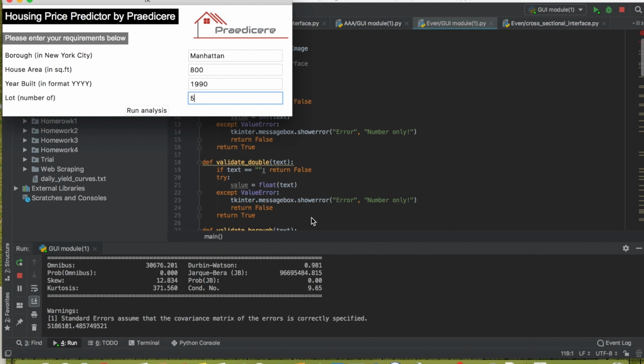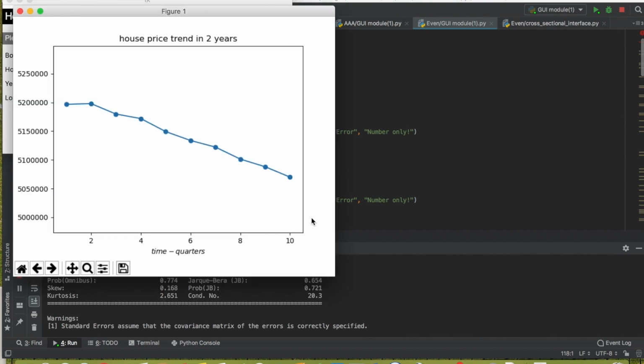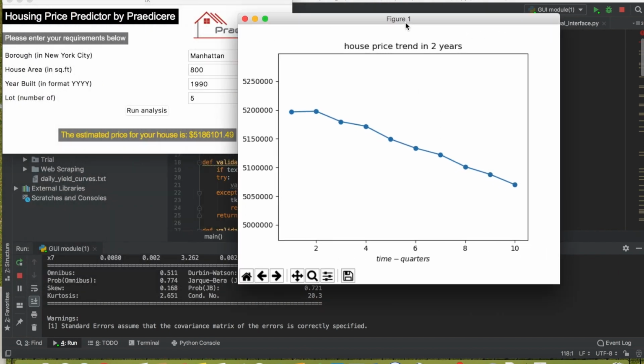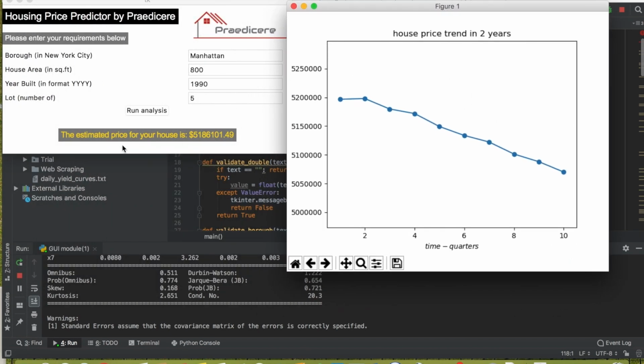In the use of our product, the clients can get a specific prediction of the house based on the features they input. So here we can see the output. The first is a spot estimation of the price, given the key features the client input, like in Manhattan, 800 square feet, built in 1990 and has 5 total lots.